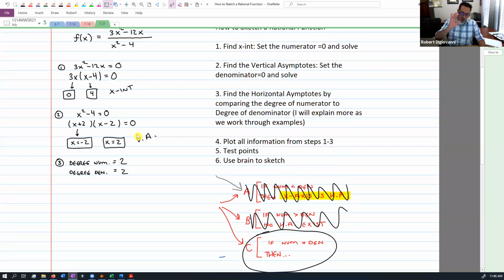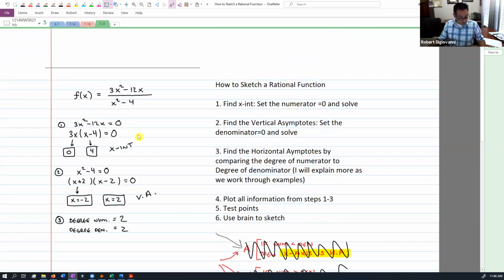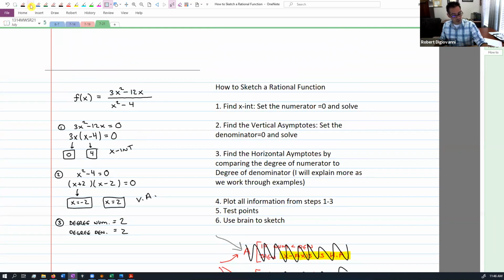And this always confuses students, all right? When they're equal, what you do is you look at the leading coefficients. So you look at the 3x squared here, the 3 there. You see that 3 in front? You're going to take that number and divide it by the number in front of the x squared on the bottom, which is a 1.